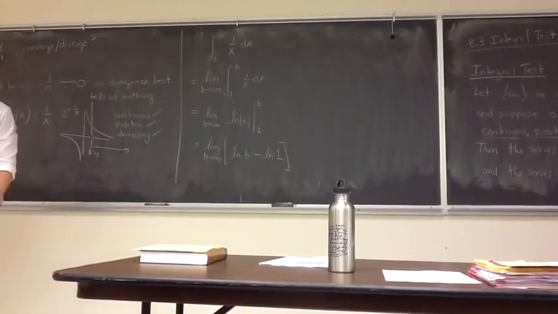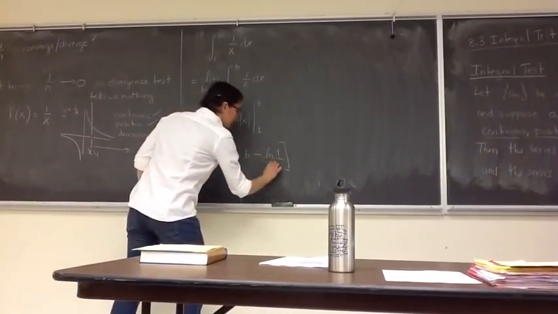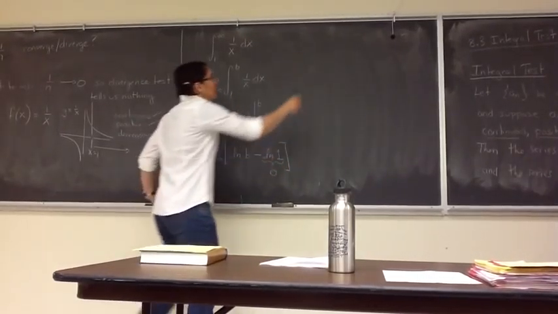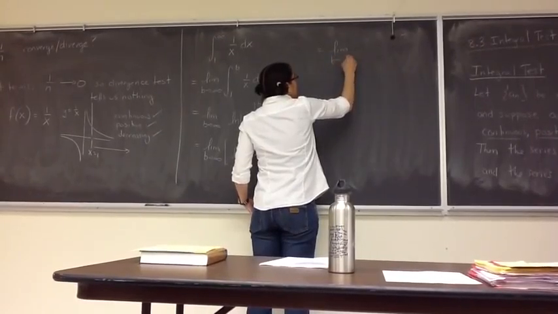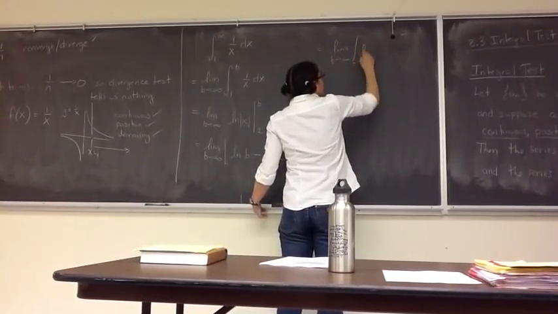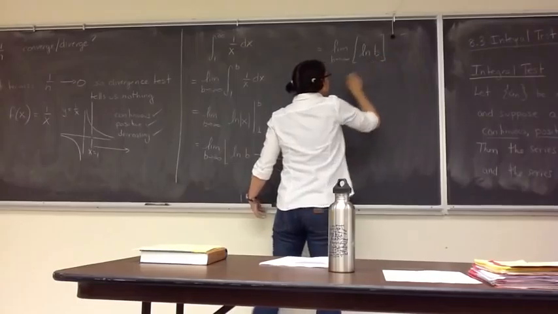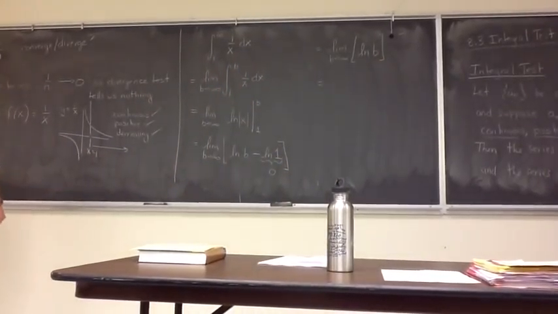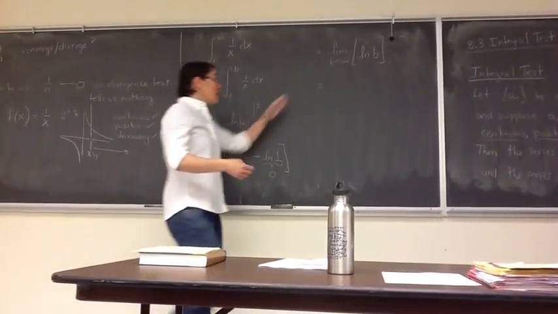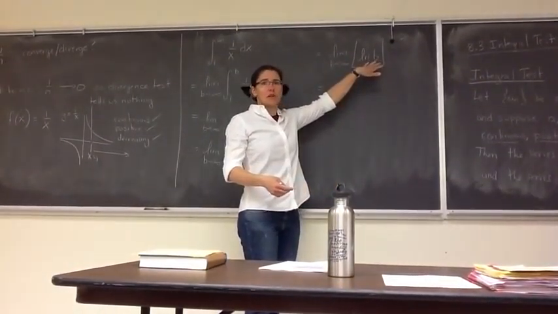And natural log of 1 is 0. And so we have the limit as b goes to infinity of the natural log of b. And so now the question is, as b goes to infinity, what happens to the natural log of b?